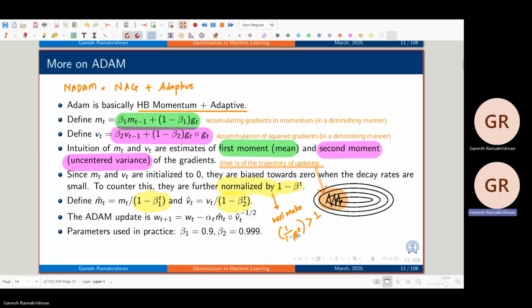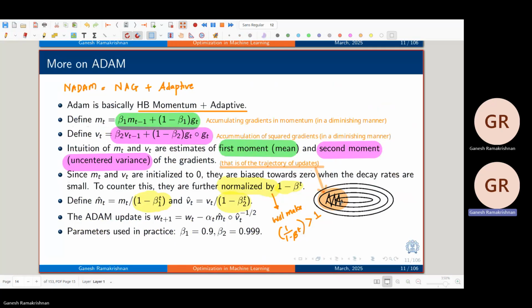So look at this normalization. What will it do? It will make 1 upon 1 minus beta raised to t greater than 1. So when you look at the trajectory of updates, instead of them becoming diminishingly small, we are trying to bump it up a bit.